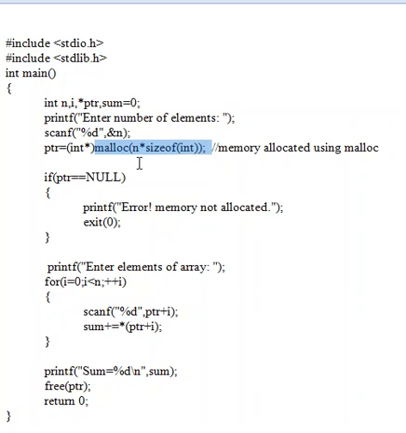In n it is having value 5 because n is having total number of elements. So 5 into 2, that equals 10 bytes. So malloc function allocates 10 bytes of memory.